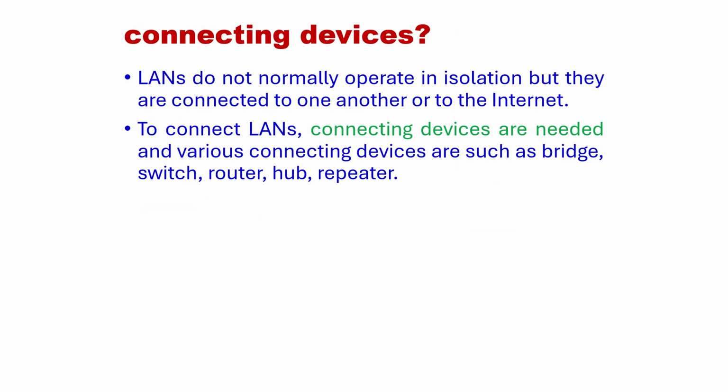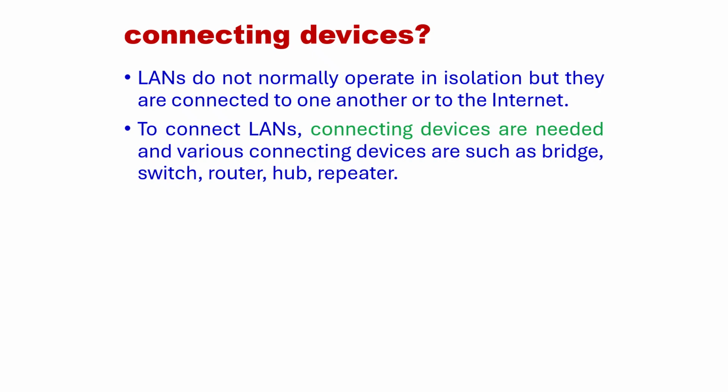Connecting devices. LANs do not normally operate in isolation, but they are connected to one another or to the internet. We know there are different types of networks. Basically, we have the LAN, MAN, WAN, and PAN. When we're talking about all these networks, a lot of connecting devices are needed.